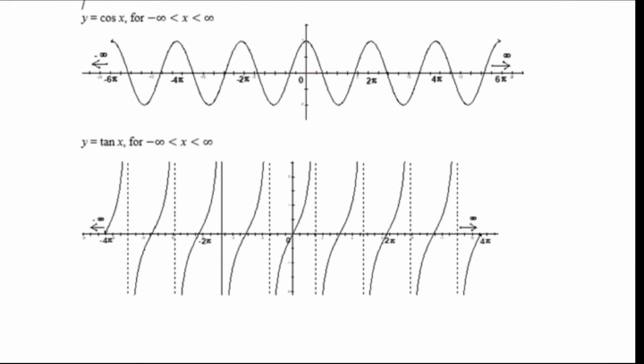As for the graph of tangent x, same thing, the curve also repeats every 2 pi. But tangent x is not a continuous function because there are some values of x where tangent x is not defined.